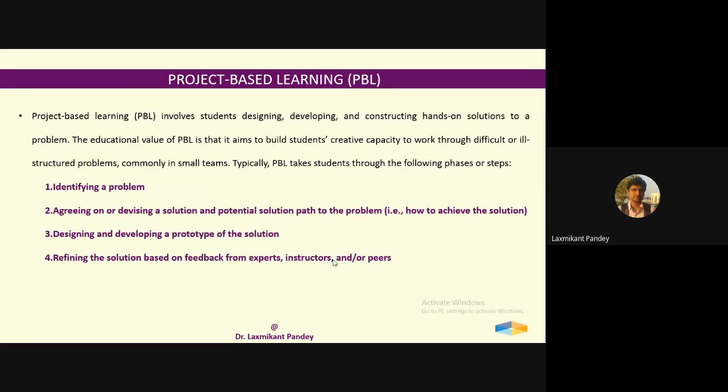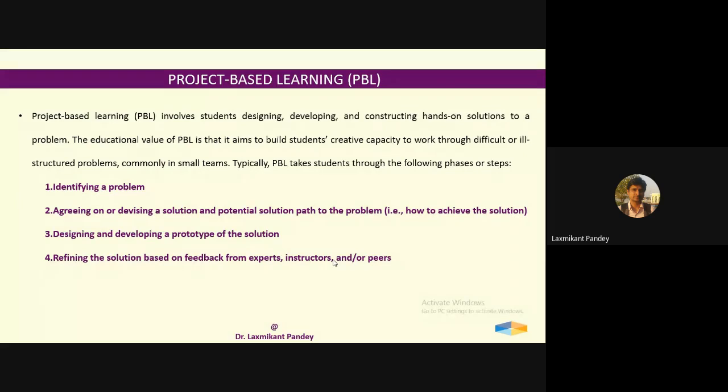Okay, so the first and very important thing is identifying a problem. You cannot identify any kind of problem which is not practicable or feasible. Whenever you are going to give any kind of project-related work or problem to the students, the problem needs to be feasible in your context.